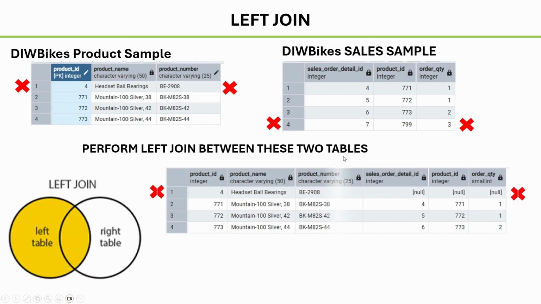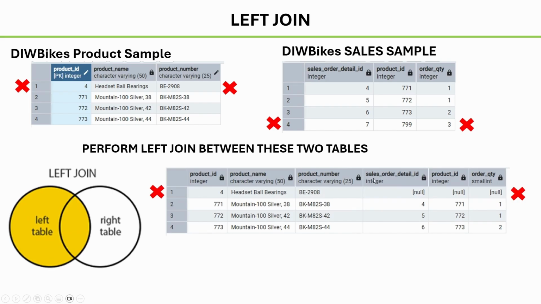When you do that join, this is what it looks like. You can see we have access to all the records in the left table, and then we only have access to the matching records in the right table. The ones that are not matching, you replace with null. Please take note of that.